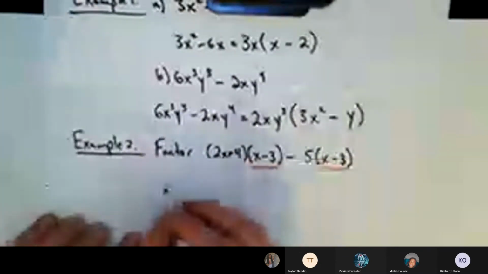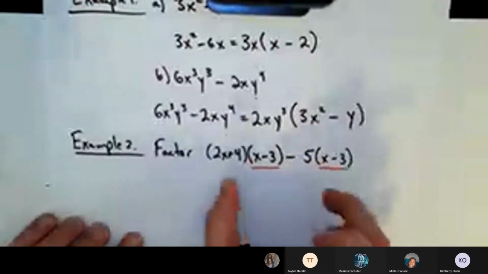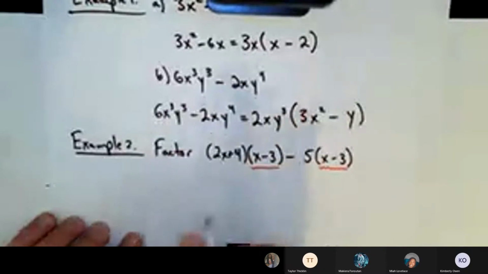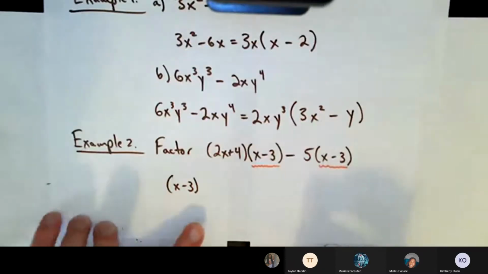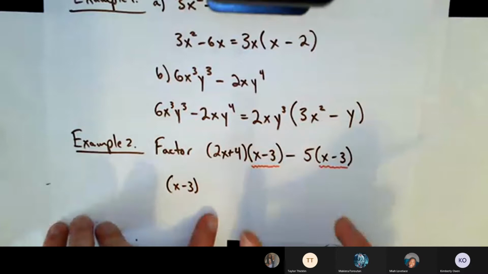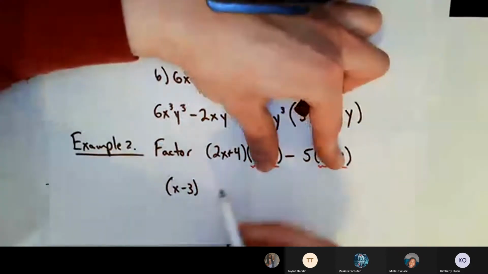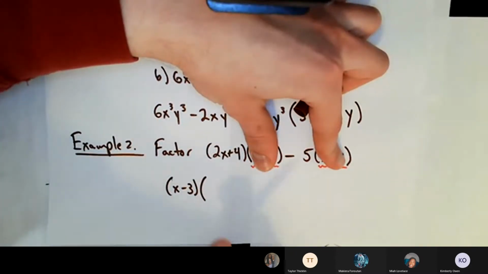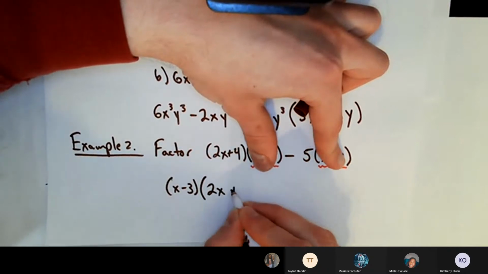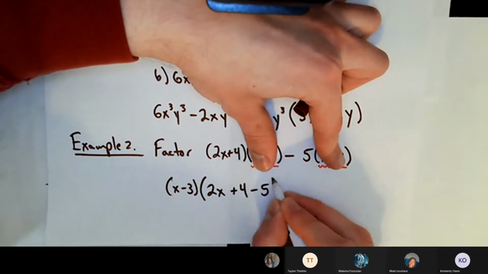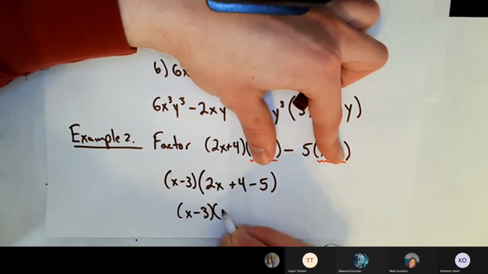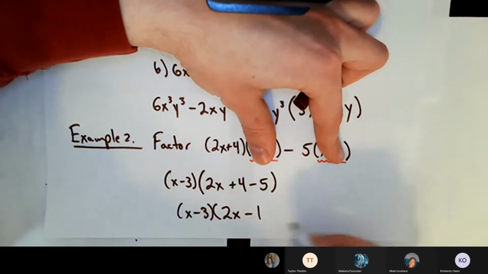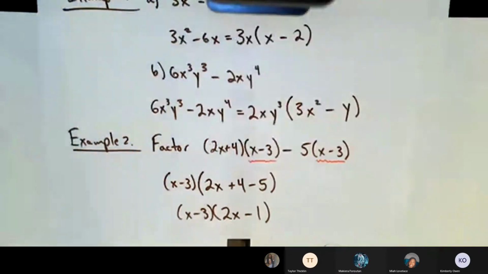So when we pull this out, I'm not going to rewrite it, I'm just going to write the factored version here. x minus 3, so I'm pulling this off. That is now outside, and now here comes the parentheses for the rest of what's left over, and what's left over is 2x plus 4 minus 5, which actually simplifies into 2x minus 1, right? 4 minus 5 is just negative 1.